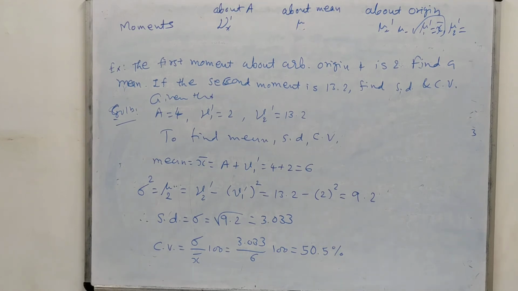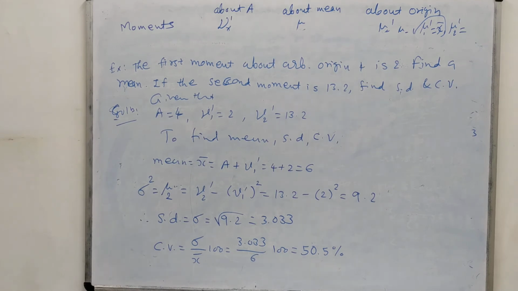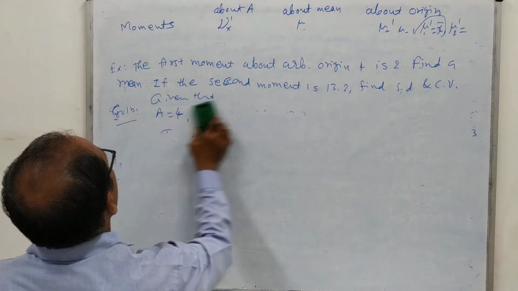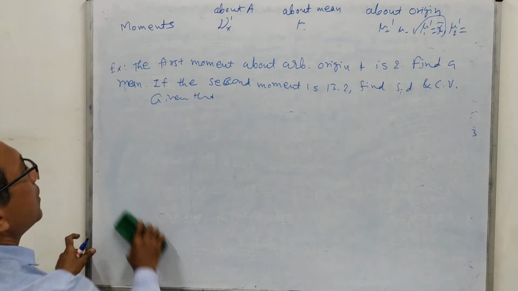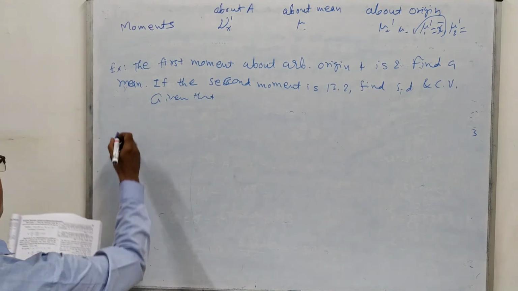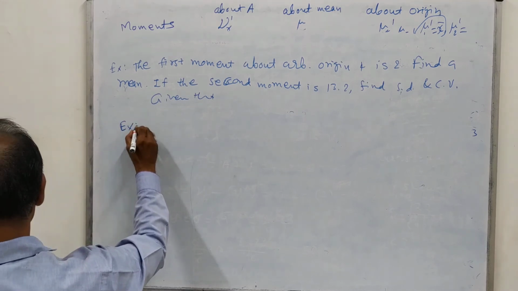Now, after noting this, let us see one more example, and this example I will give you as homework. You note down this example and you can solve it yourself. I will give you some hints to solve this problem.